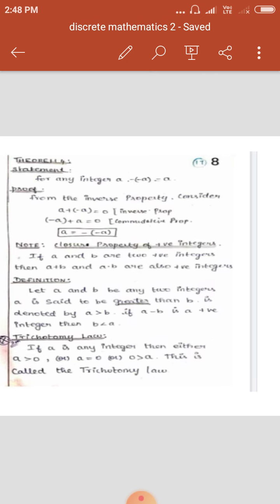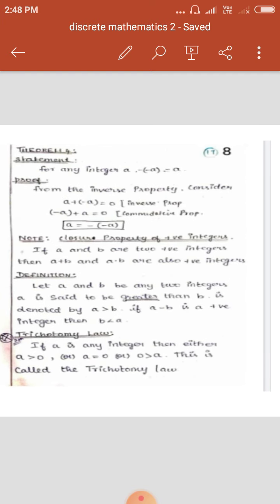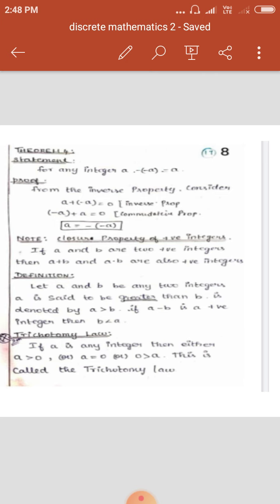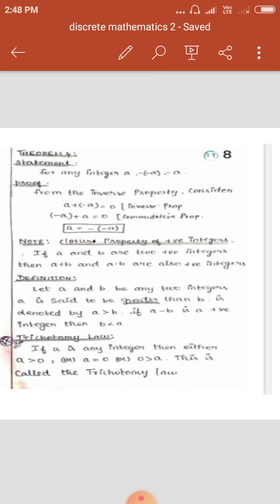Next definition, closure property of positive integers. If a and b are two positive integers, then a plus b and a dot b are also positive integers. If a, b are both positive, then a plus b is also positive and a dot b is also positive. This is called the closure property of positive integers.